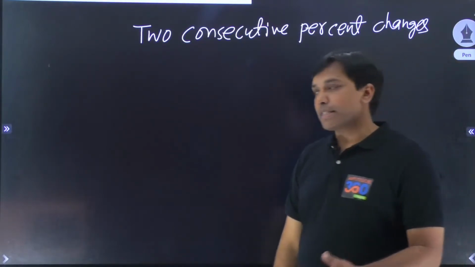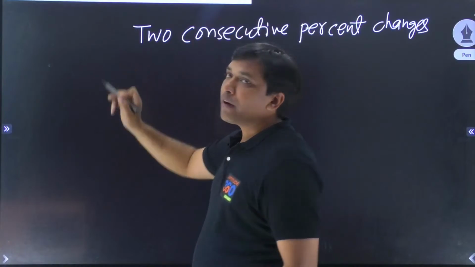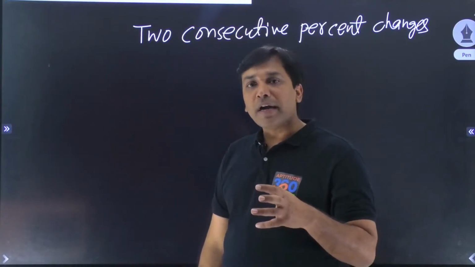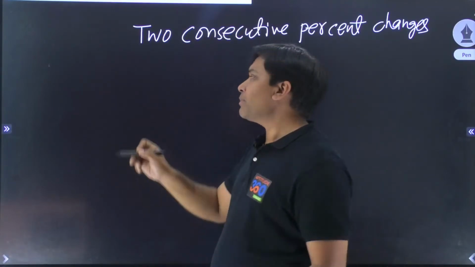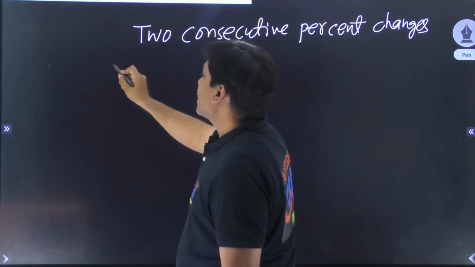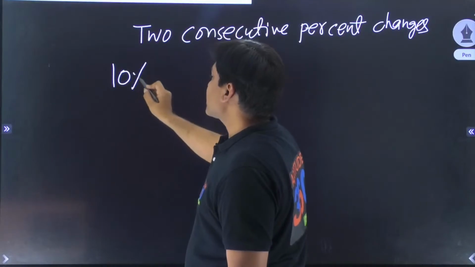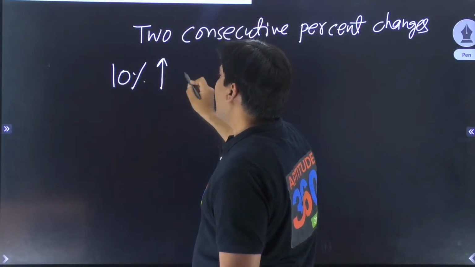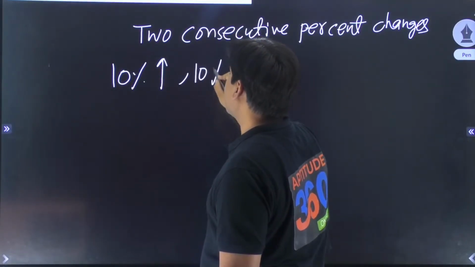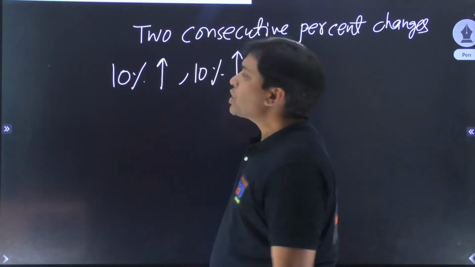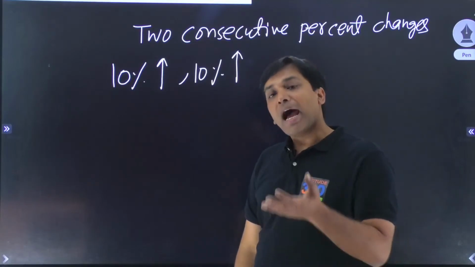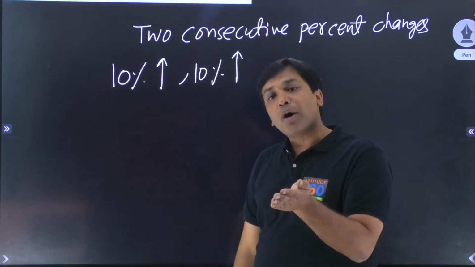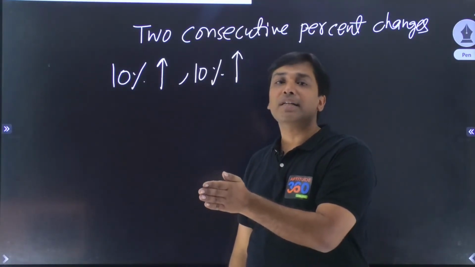All right, then see this. What did I say? How do we find out the final value in two successive percentage changes? Something like this. The population of a village was increased by 10% and then further increased by 10%.